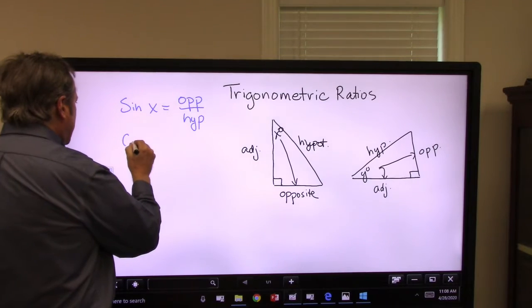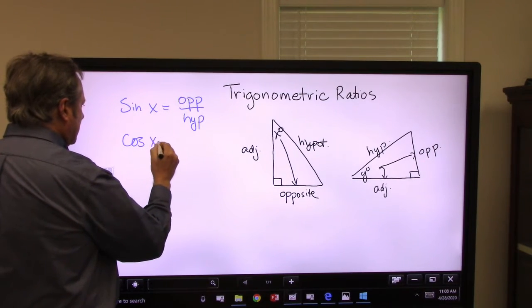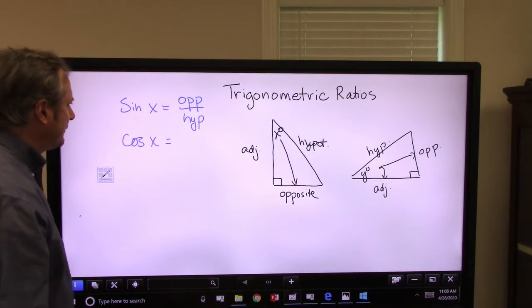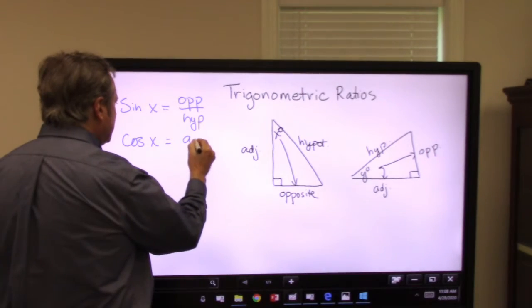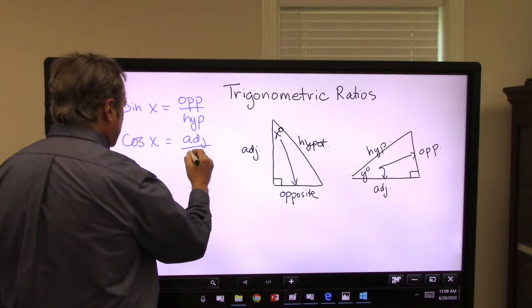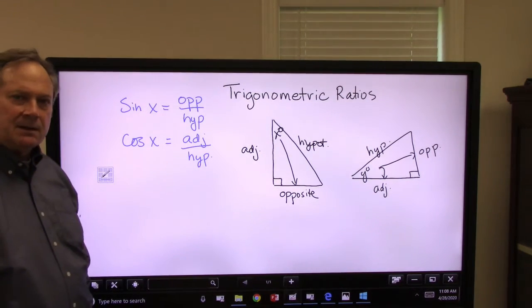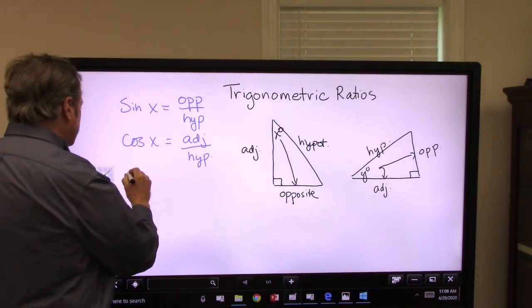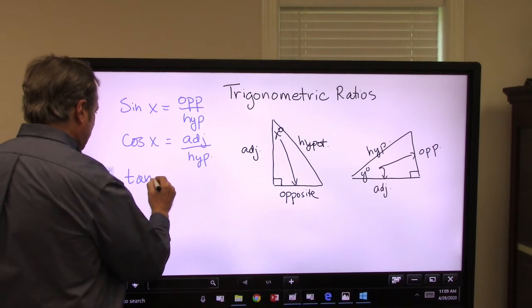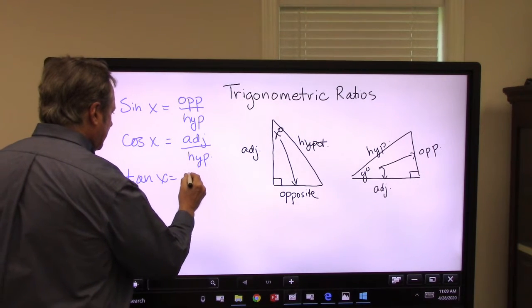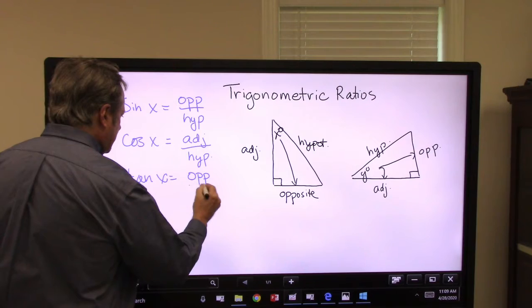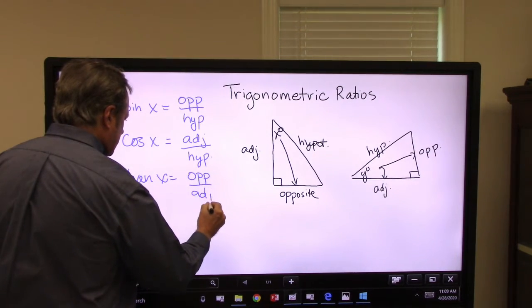The cosine, abbreviated COS, is always going to be the adjacent side over the hypotenuse. And the tangent relationship is always going to be the opposite over the adjacent.